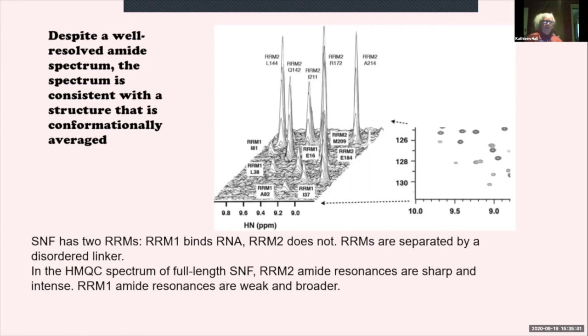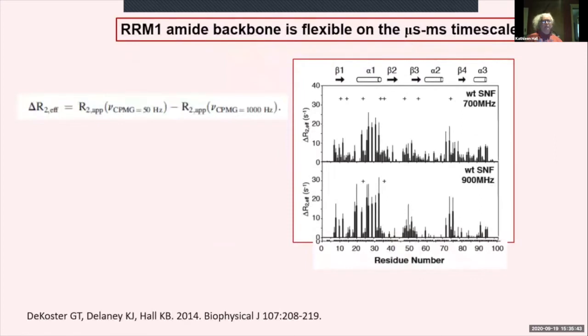And what you see when you look at the backbone by delta R2s is that, yes, in fact, that whole backbone is pretty flexible. So here we're measuring the delta R2 effectives for the protein RRM1 at two different field strengths, 700 and 900.